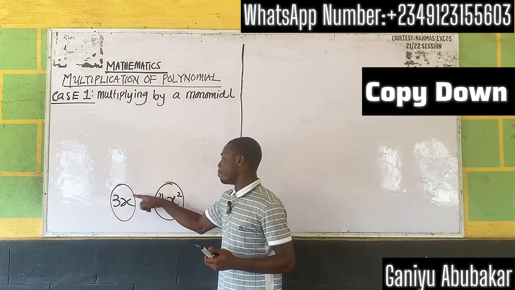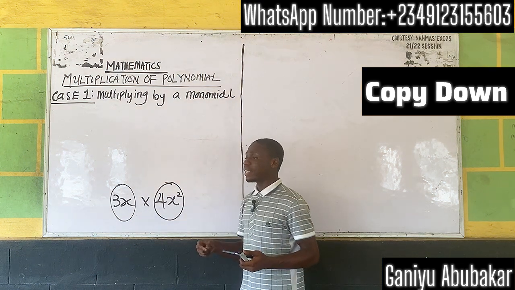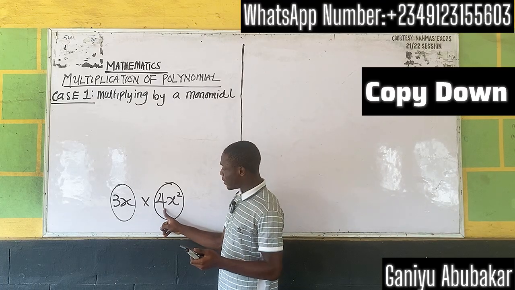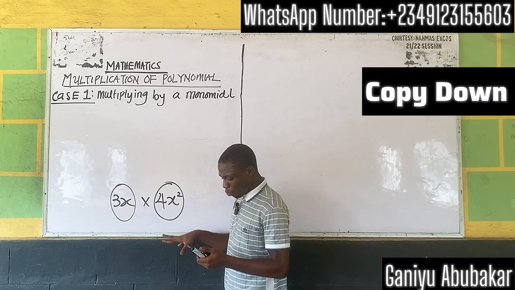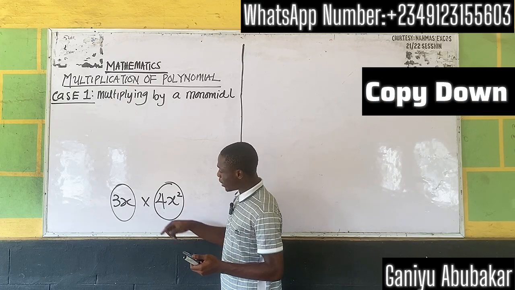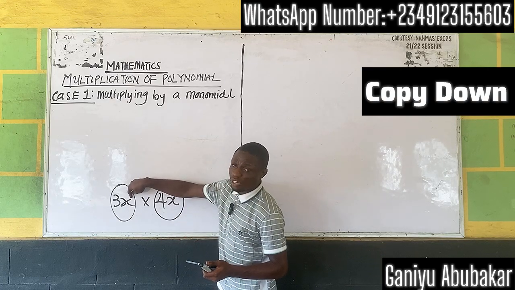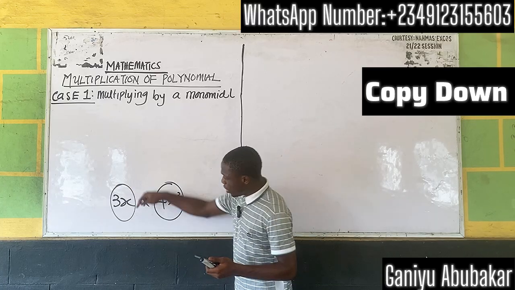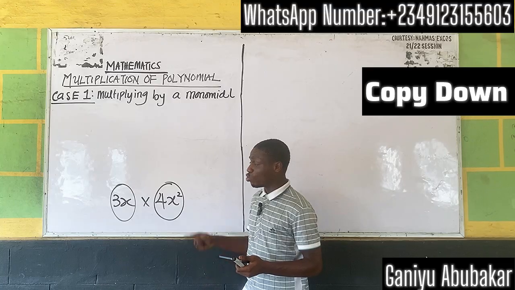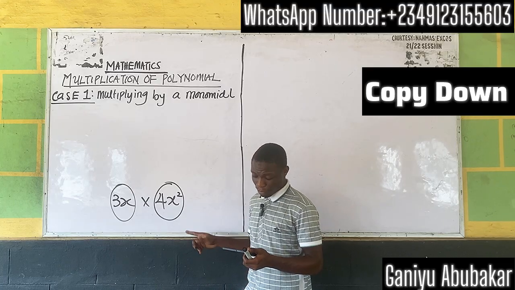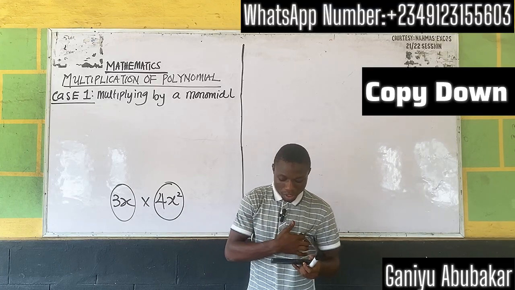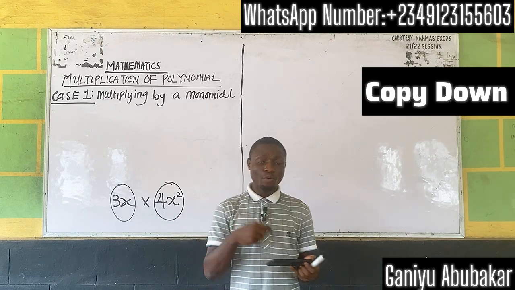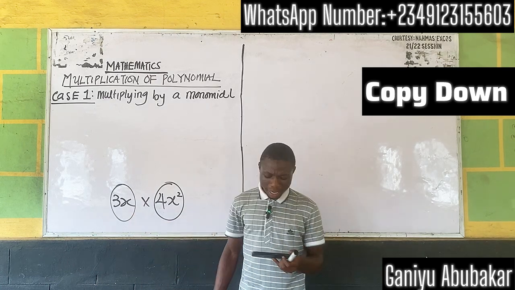With the same base x, the rule says add the exponents. There's the invisible 1 here and 2 here. So 3 times 4 gives you 12, and 1 plus 2 gives you 3. That gives you 12x cubed.